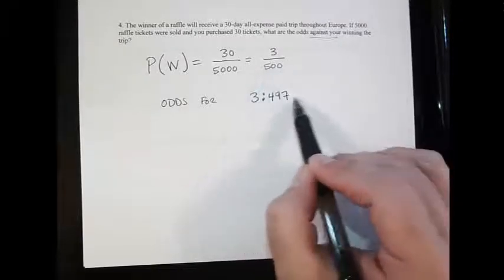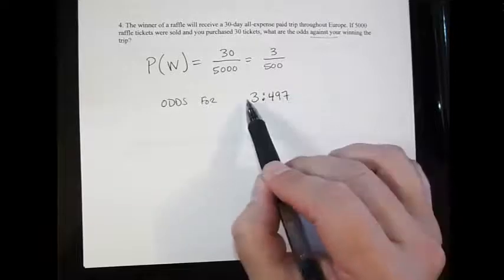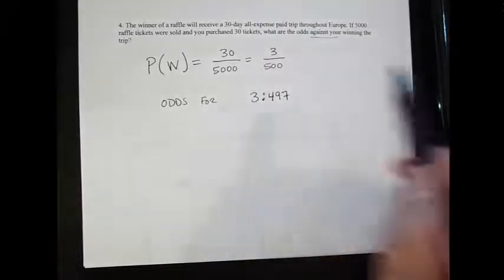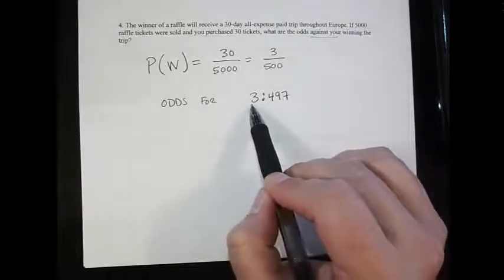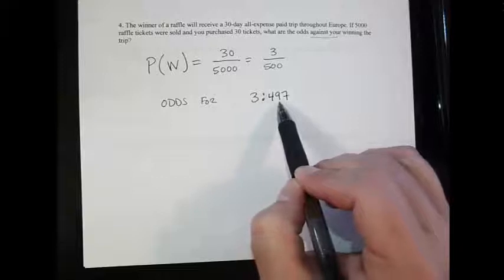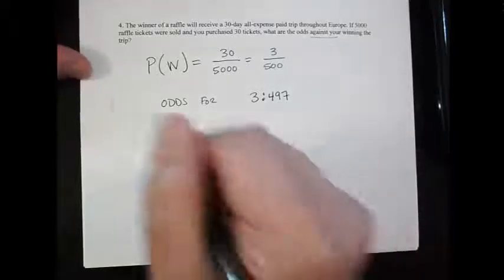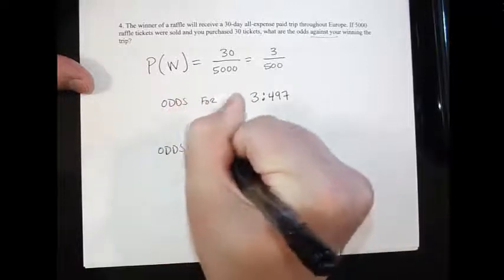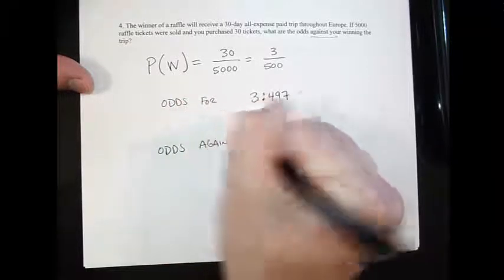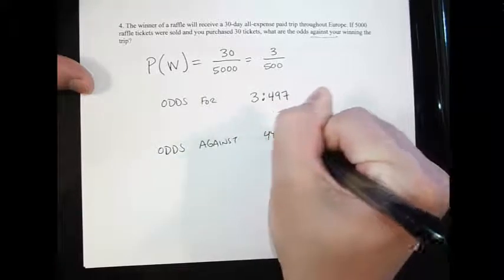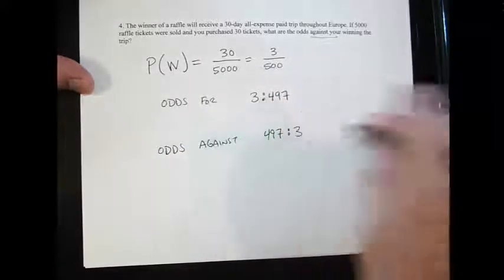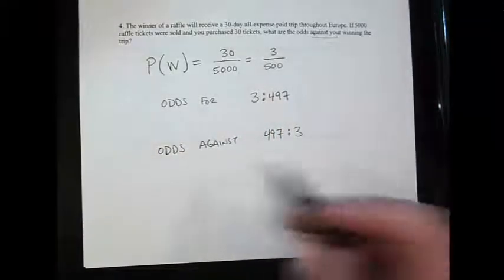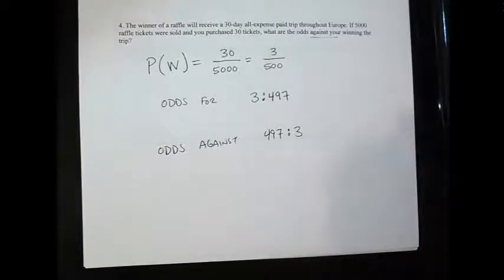All right, there are 500 possibilities total. That's how odds work. 3, it does happen. 497, it does not. Then in order to find odds against, simply flip it. 497 to 3.